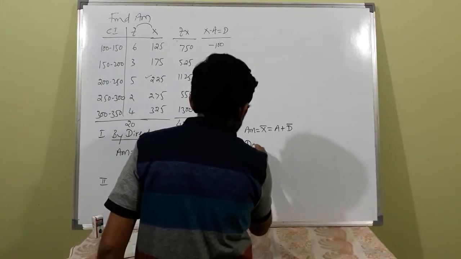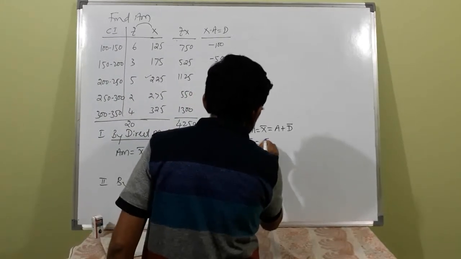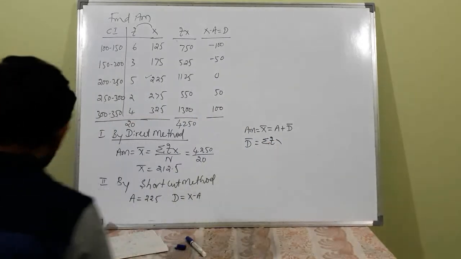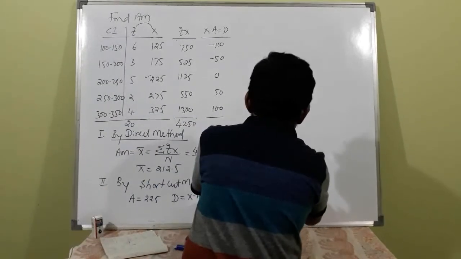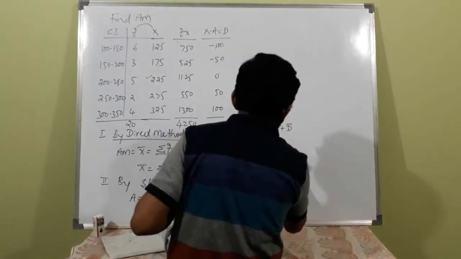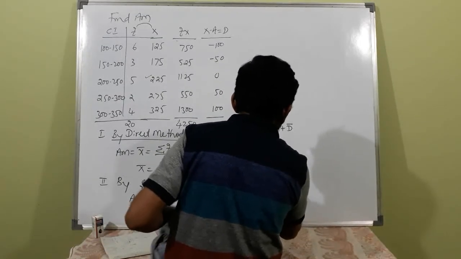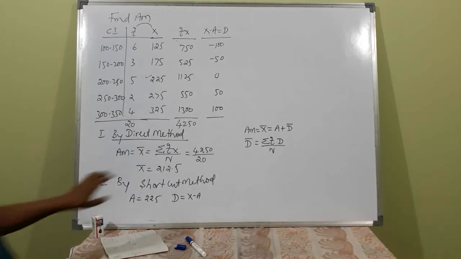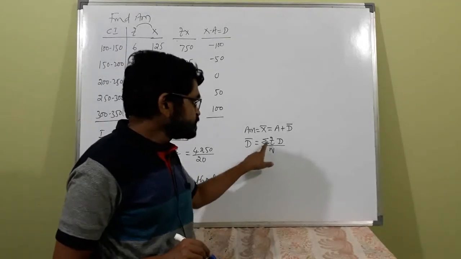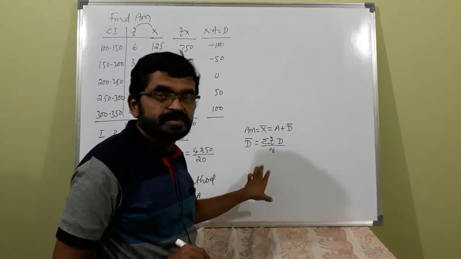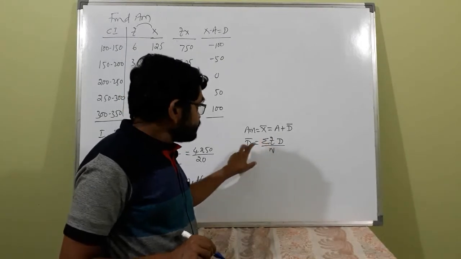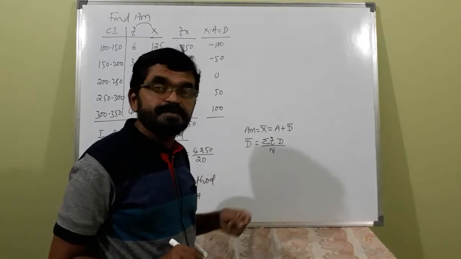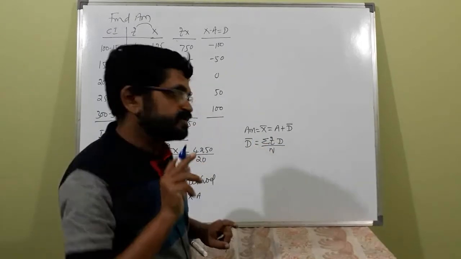So D bar is given by summation of F into D divided by N. See, remember, if the frequencies are not given, then D bar is summation Fd by n, small n it is. If frequencies are given, summation Fd divided by capital N. Capital N is sum of the frequencies.